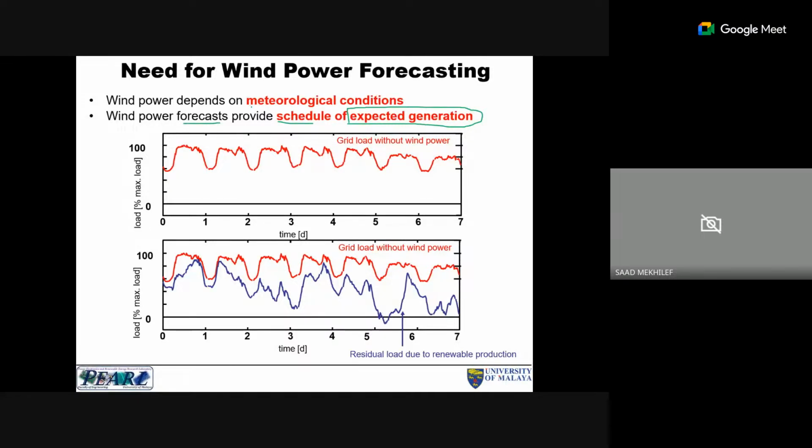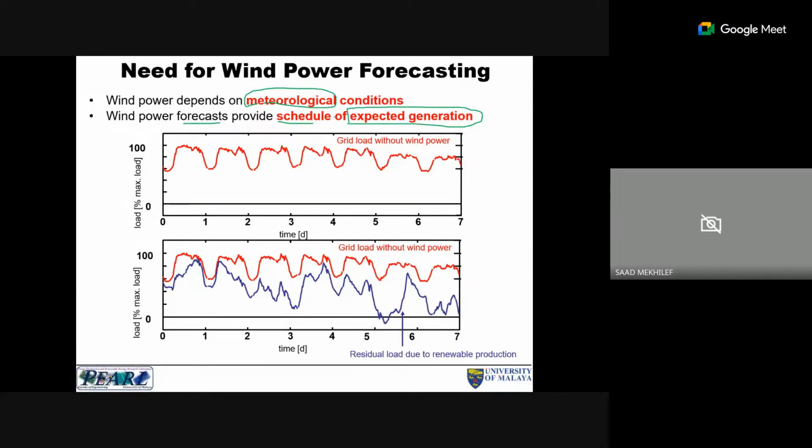But also we have the meteorological conditions. These meteorological conditions are very hard to predict sometimes. Sometimes we may get it right, but sometimes we get it wrong, because there are many other factors which affect this.